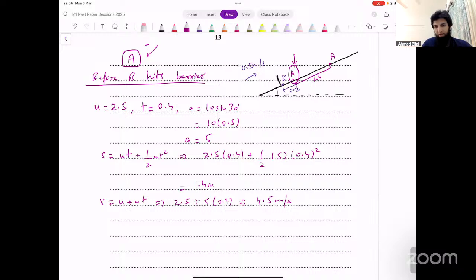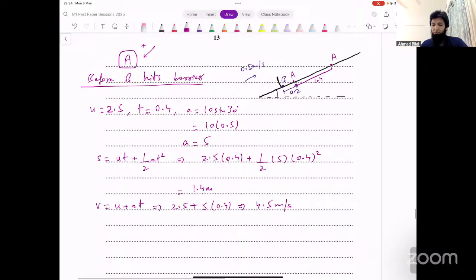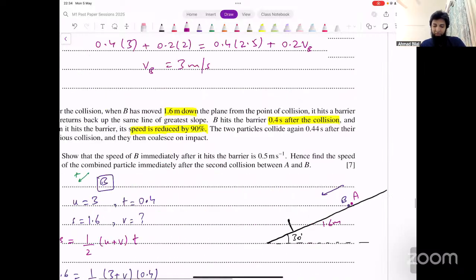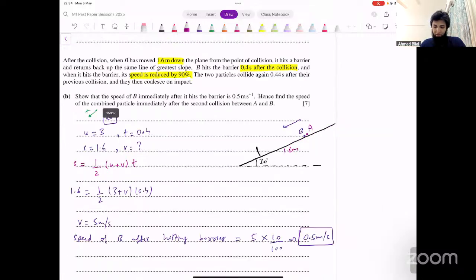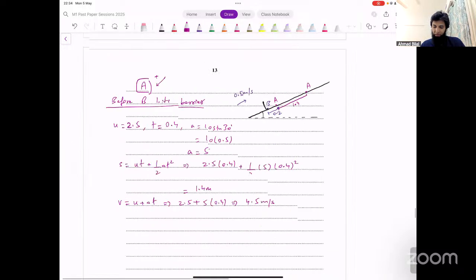Okay, so you can do that directly as well. We have time given. We could actually do it directly if we wanted, and we might not even need that then.